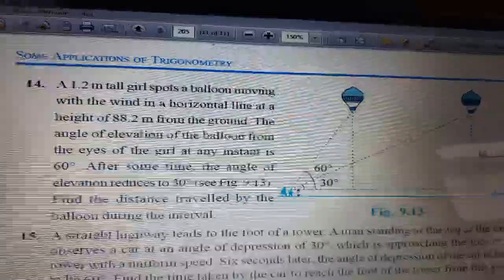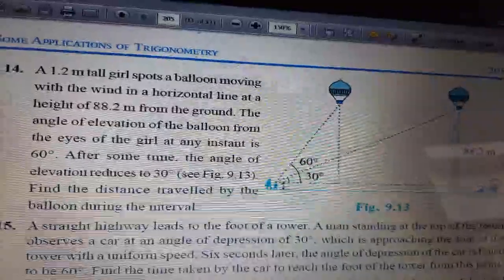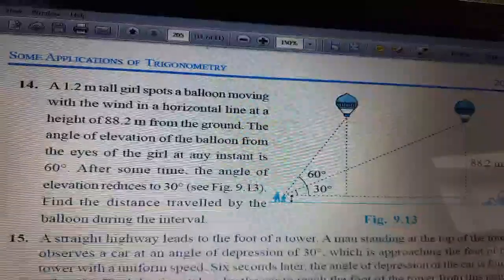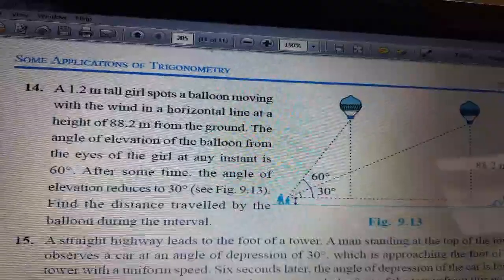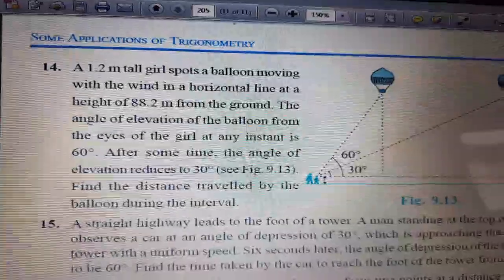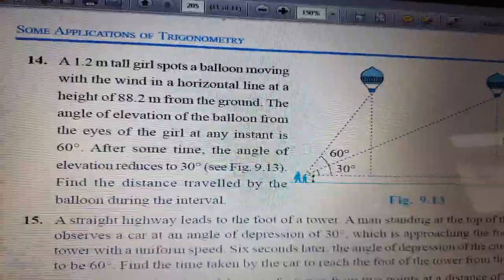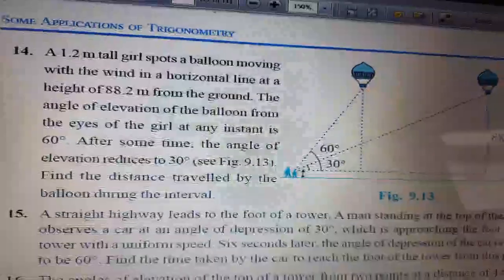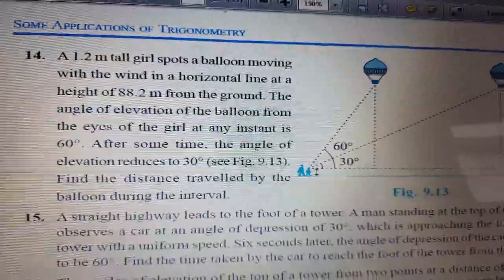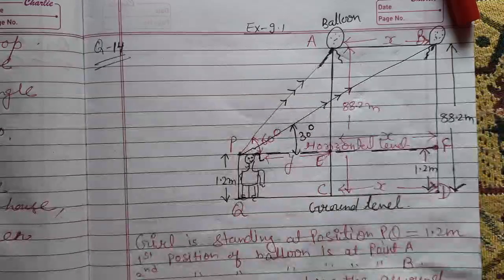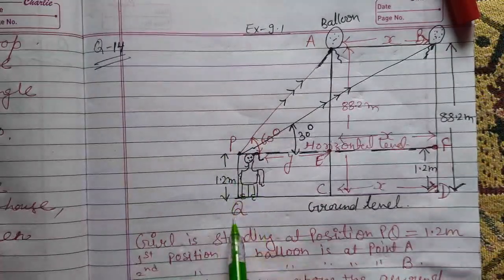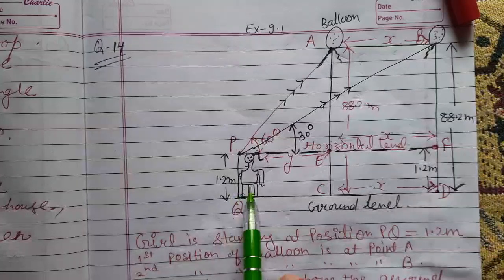So the diagram of this question is given, but the 88.2 meter distance is from the ground, so the dotted line should touch the ground, and the height of the girl is 1.2 meter. Based on the given information, we'll draw the diagram and try to solve this question. So the position of the girl is PQ, 1.2 meter.